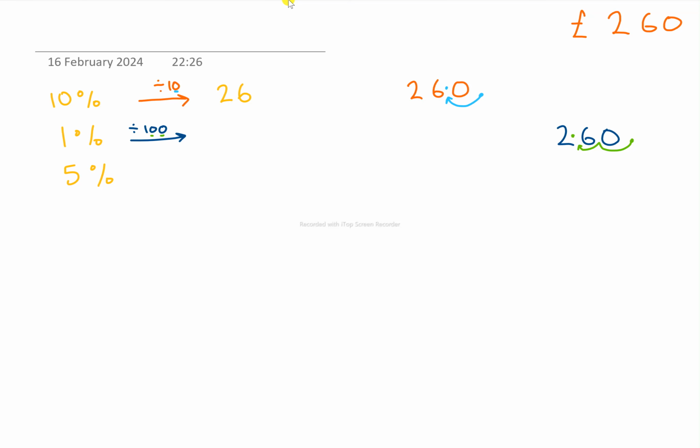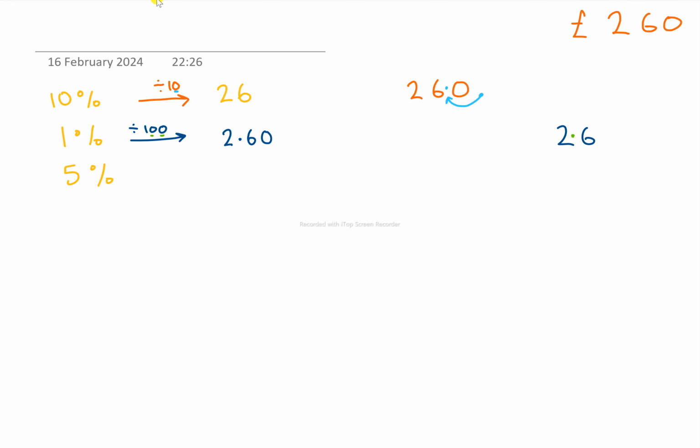So the decimal point's there. I don't need this 0 really, but because it's money, I can keep it. But 1% is 2.6, and because it's money, we'll deal with 2 decimal places, so it's £2.60.